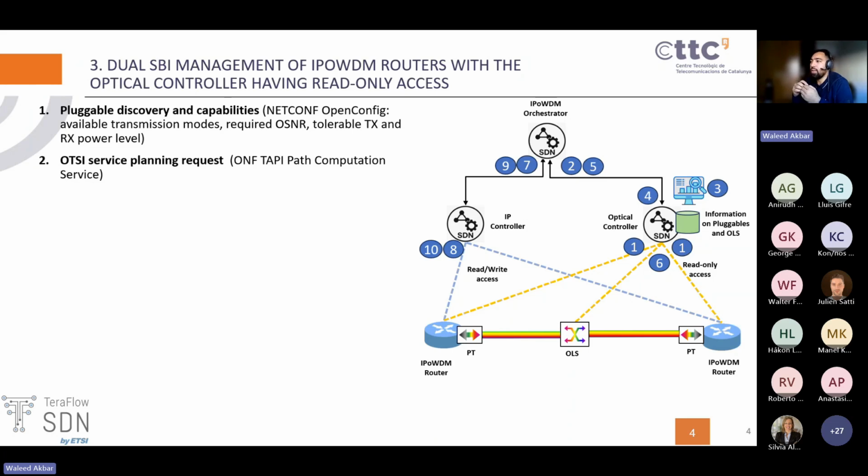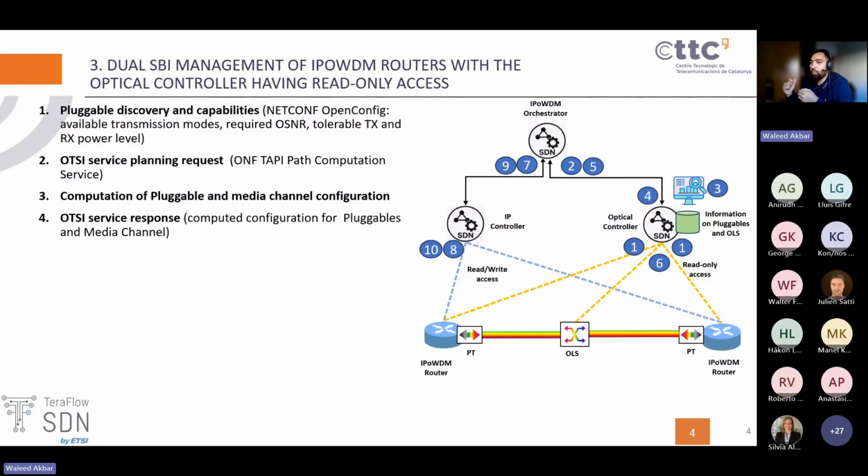And the orchestrator then requests the controller for the service planning. Then the optical controller will compute the pluggables and the media channel configuration. After that, the optical controller will respond to the orchestrator based on all the calculations, the ETSI service.